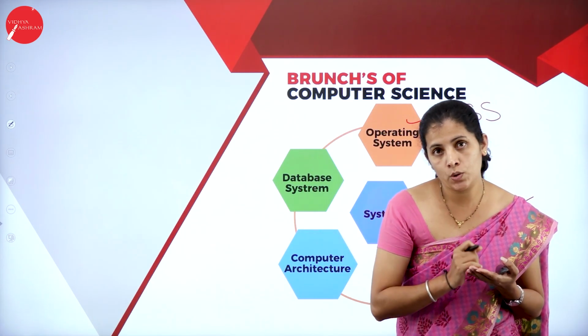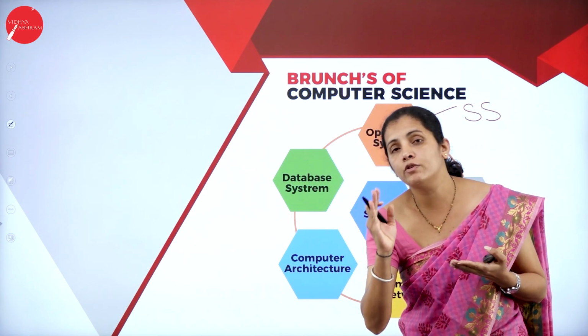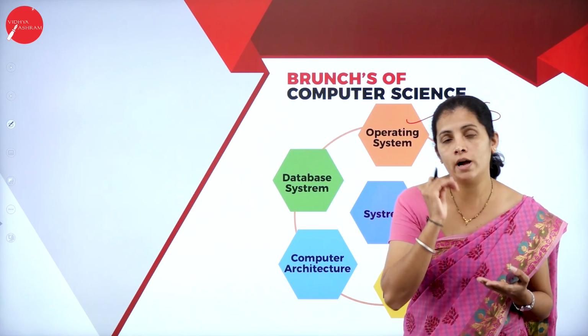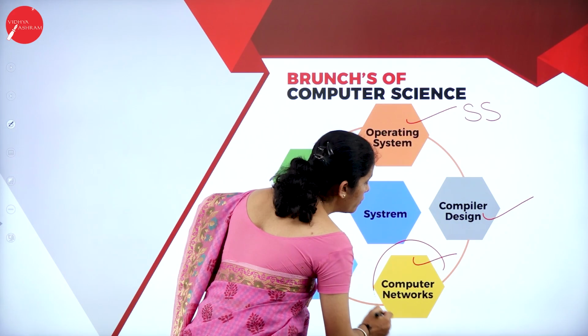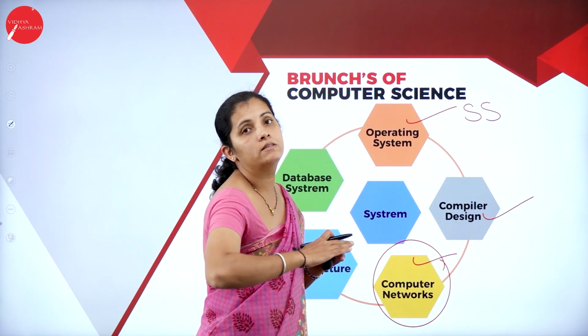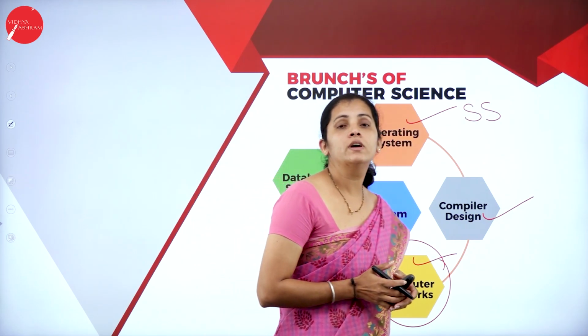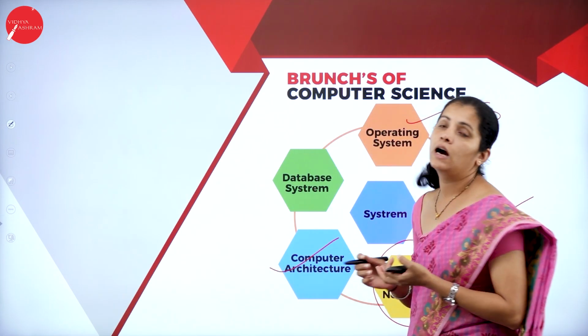So why do we require a computer network? It is to share information as well as to share resources. The field of computer network is a vast area, and this is a branch of computer science.